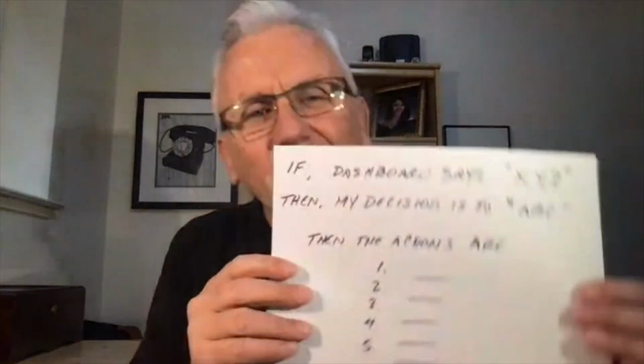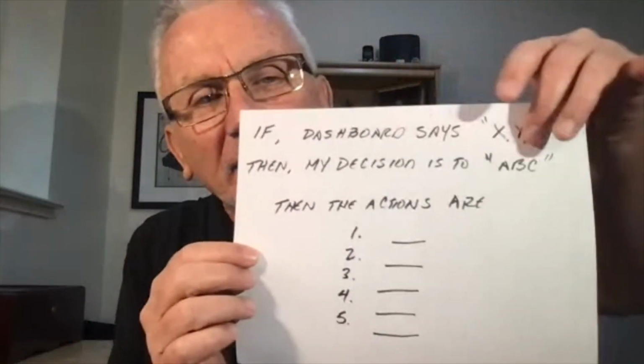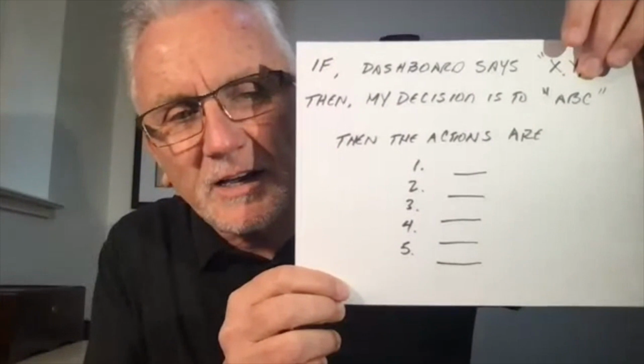And the message of this entire presentation, let me take a sip. The message of this entire situation is if the dashboard gives me information, you should write this out on every item in your dashboard.